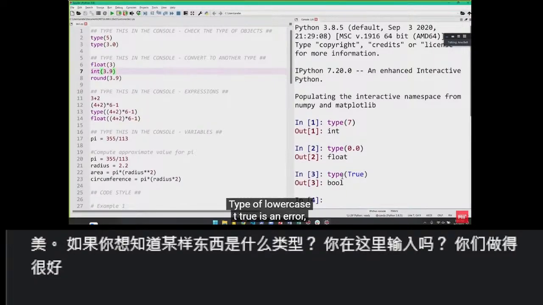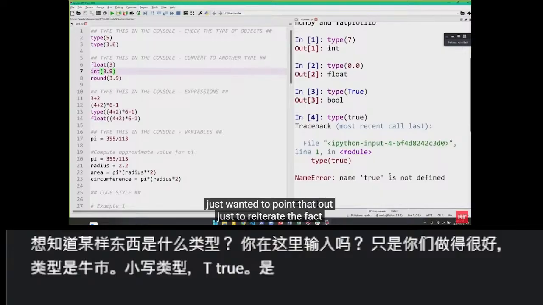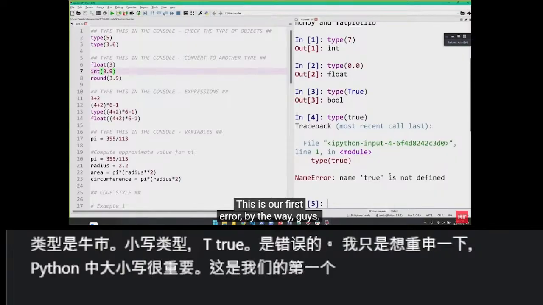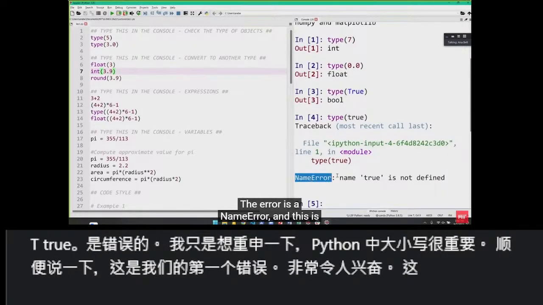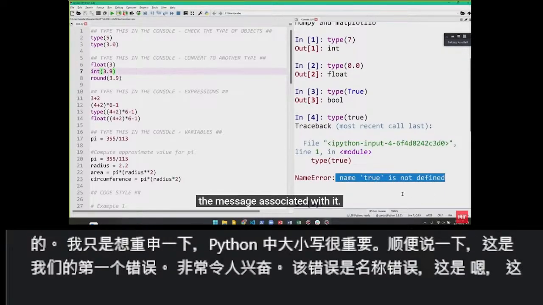Type of True is bool. Type of lowercase t true is an error. Just wanted to point that out, to reiterate the fact that capitalization matters in Python. This is our first error, by the way, guys. Very exciting. The error is a NameError, and this is the message associated with it.